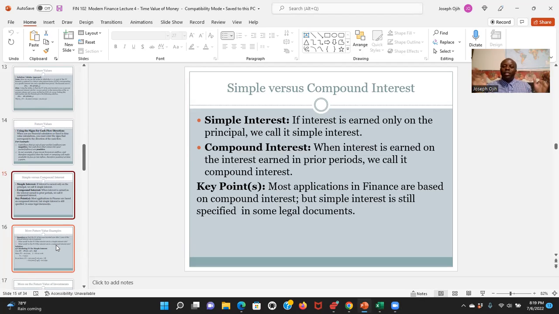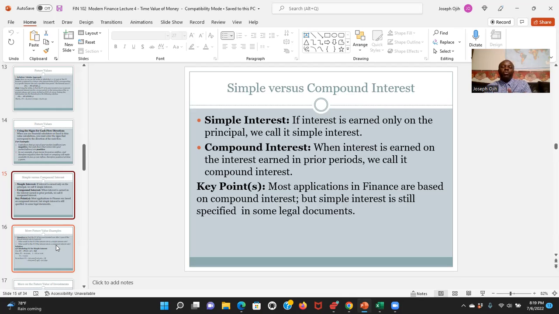The difference between the simple versus the compound interest. In simple interest, interest is earned only on the principal. So we call it the simple interest. But when interest is earned on interest, we call it compound interest.